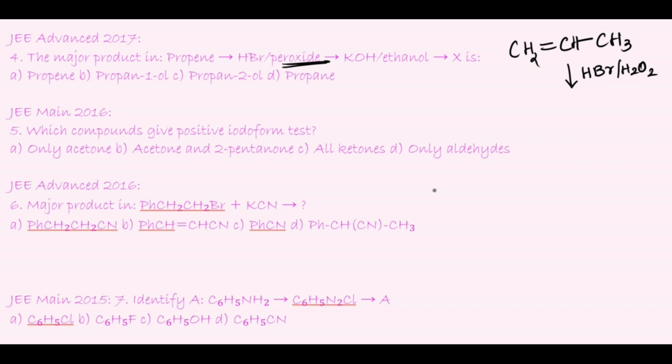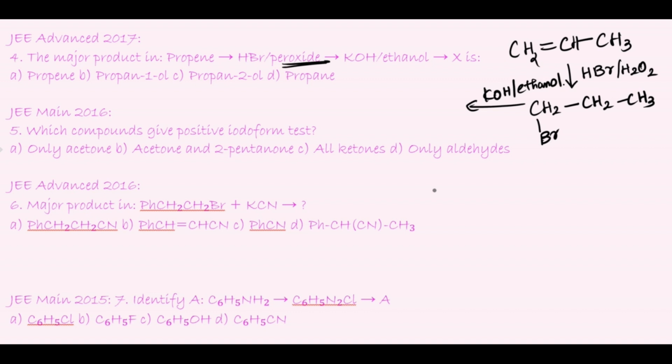According to Markovnikov, I have told you the rich get richer: H plus will go to the carbon with more hydrogens. Here it is forming just the opposite, right? So Br will get attached over here, giving CH2CH2CH3. Then it is undergoing KOH ethanol.